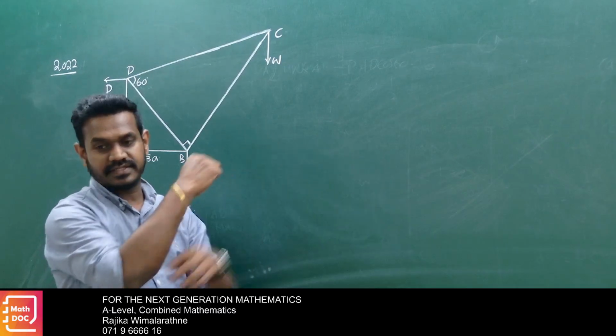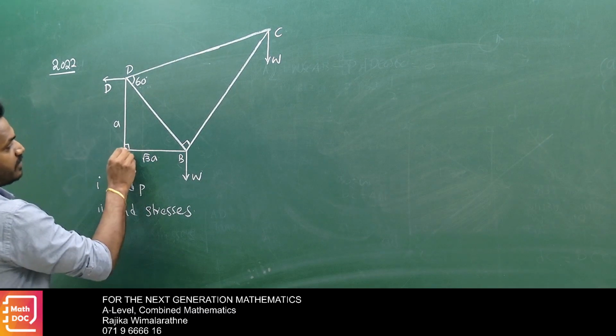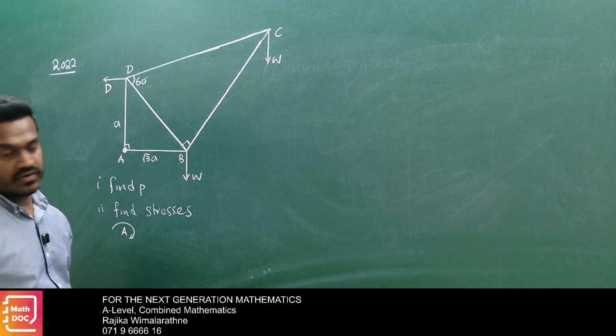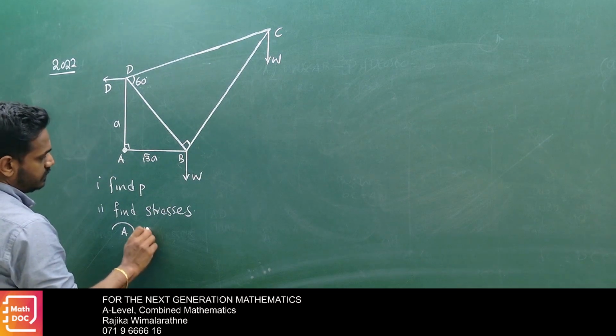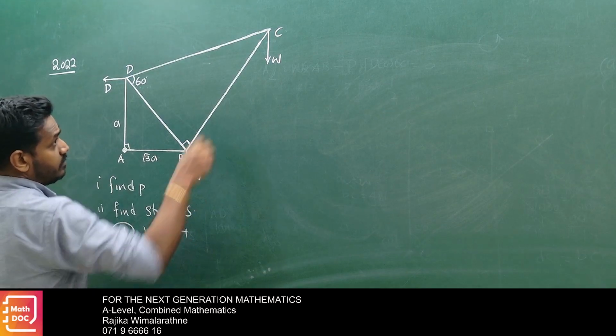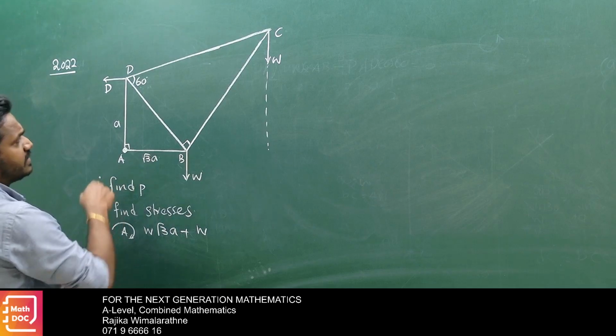Okay, check your answers. To find P, you take moments about A, clockwise or anti-clockwise. Then W into here root 3A, plus here W into here the full length.